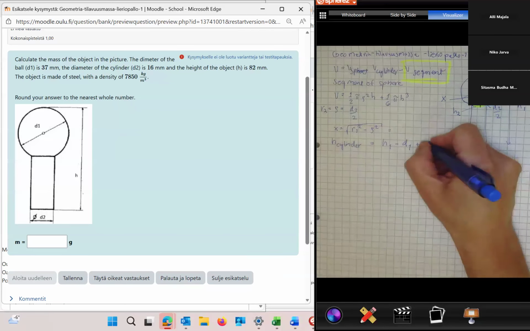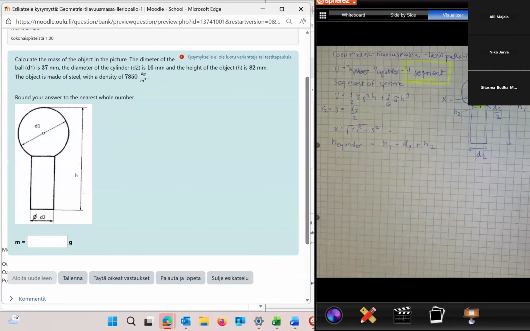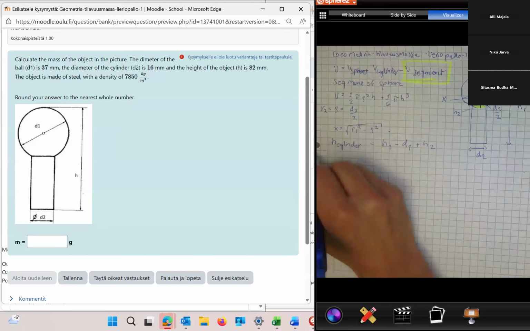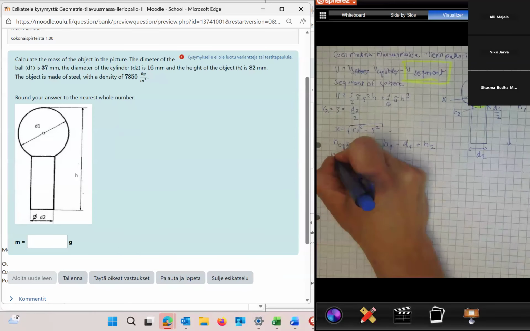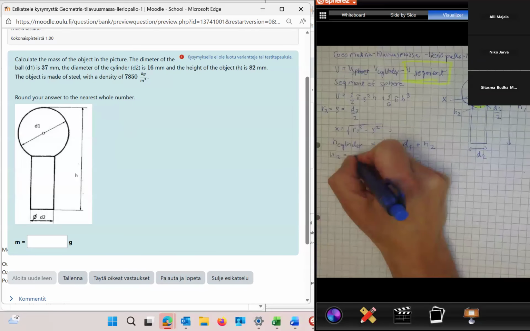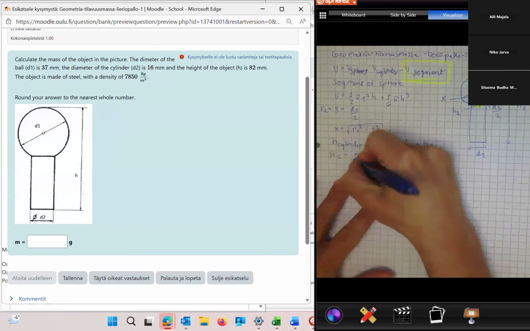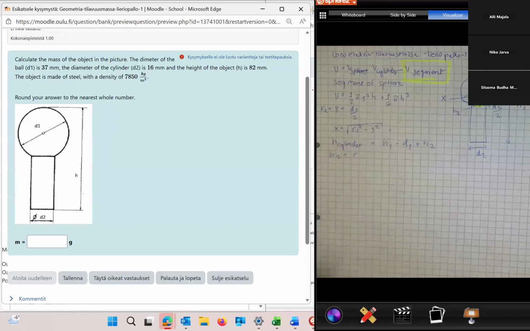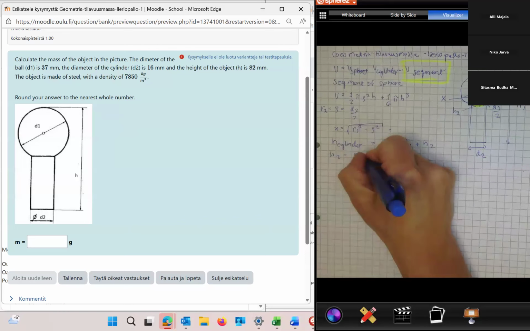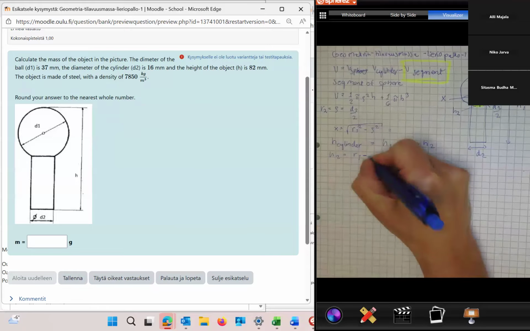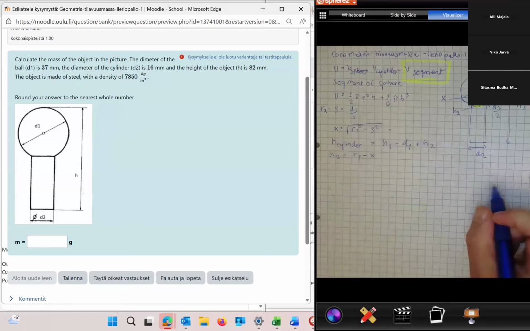So that would be height 2. The height 2 I got, of course, from the radius of the ball minus the X that I marked here.